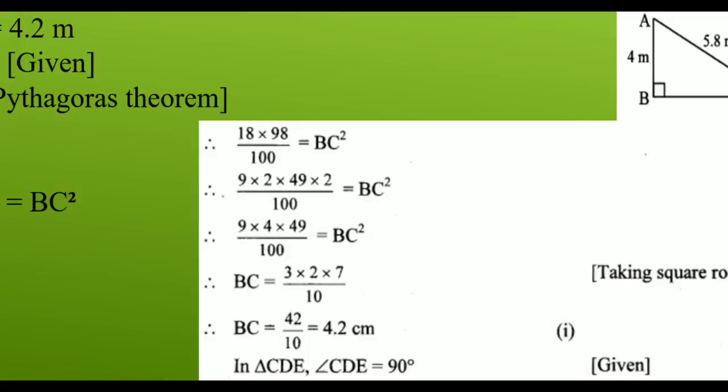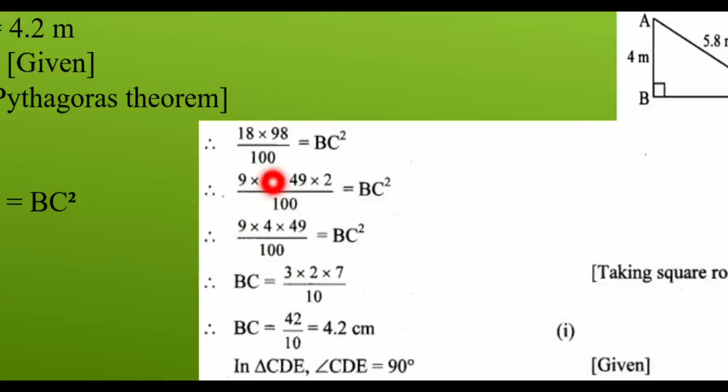To remove the decimal, I will multiply numerator and denominator by 100. So 18 can be written as 9 multiply 2. 98 can be written as 49 multiply 2. Taking square root on both the sides. The square root of 9 is 3.